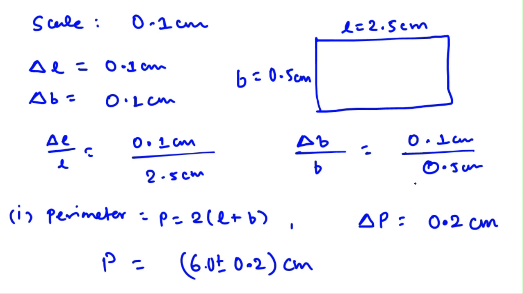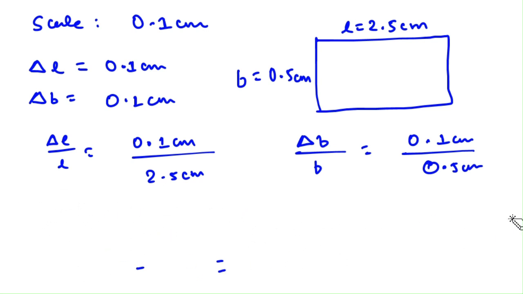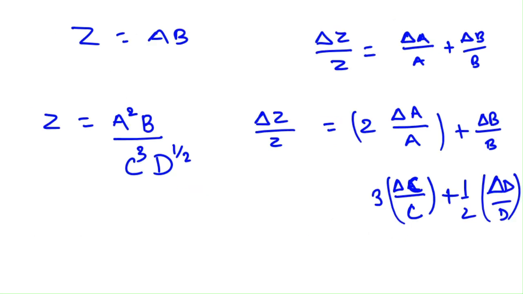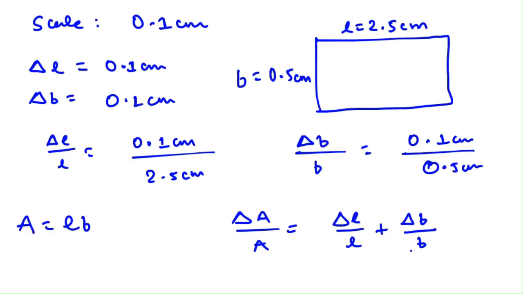Now coming to area of this rectangle. So if you want to get area, what we need to do? We need to multiply this L into B. And here we are using multiplication of two terms. So area A equals to L into B. And we know delta A by A is delta L by L plus delta B by B. From our previous argument here, if this is L, this is B. So the relative error in area will be the relative error in length and the relative error in breadth here.